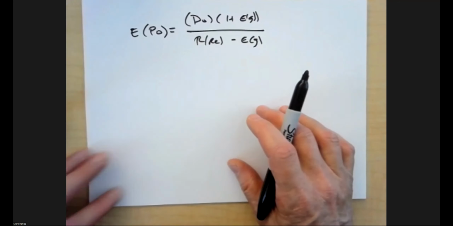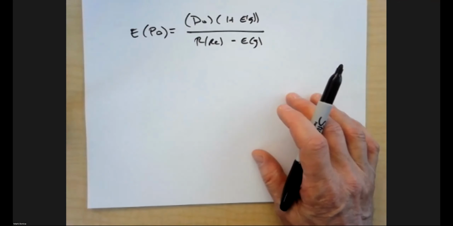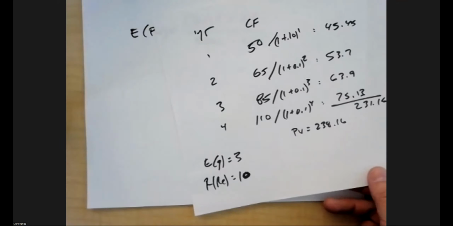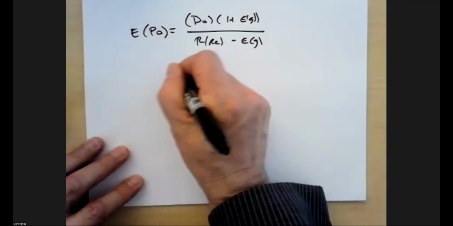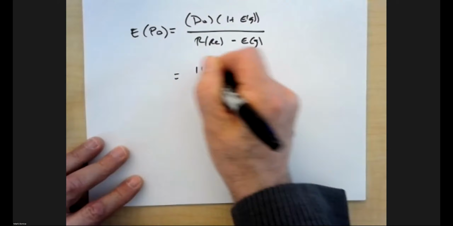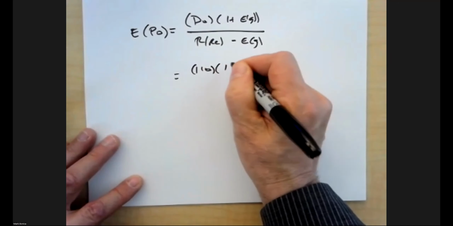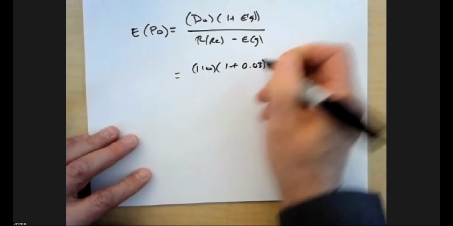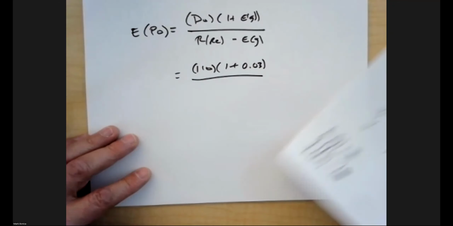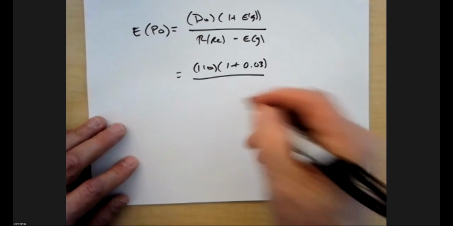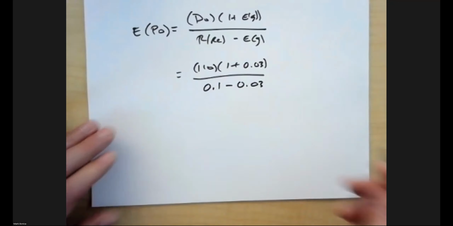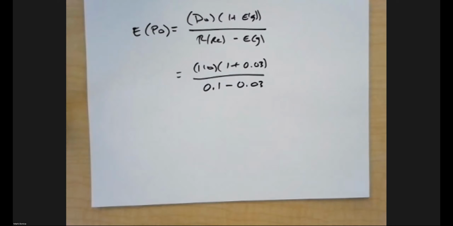Well, if you just squint a little bit and imagine instead of D0, it being cash flow 4, we can type it right in. Cash flow 4, the last cash flow, times 1 plus the growth rate, which we said was 3%, divided by the required rate of return on equity, which we said was 10%, minus the growth rate. And there we go. Now we're in business.